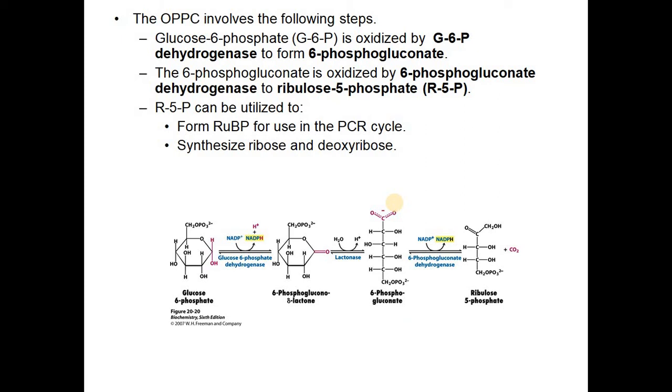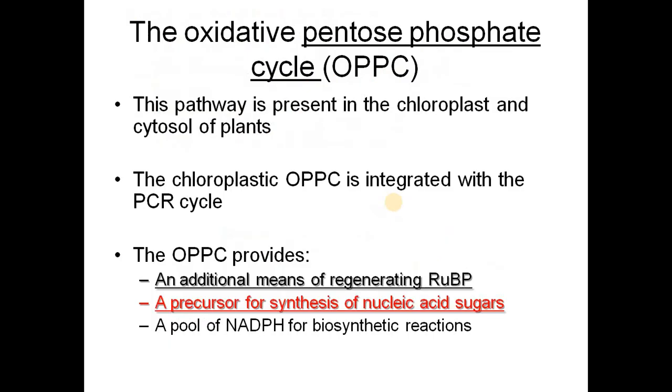Now, once the plant has created those glucose, not all glucose will go into sugar and starch. There is something that is called the pentose phosphate pathway, or botanists like to call it the oxidative pentose phosphate cycle, or OPPC. I just like to call it in a shorter way, pentose phosphate pathway.